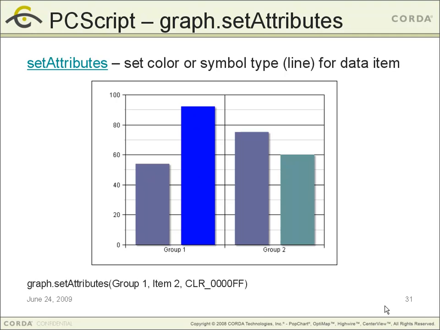So we have a graph where the data has already been provided either with set categories, set series, or maybe from a data funnel in CenterView, and we're going to change the color of the category group 1 and the series item 2 to a color of blue. And so you'll see that set attributes at the bottom and the resulting graph there above it.